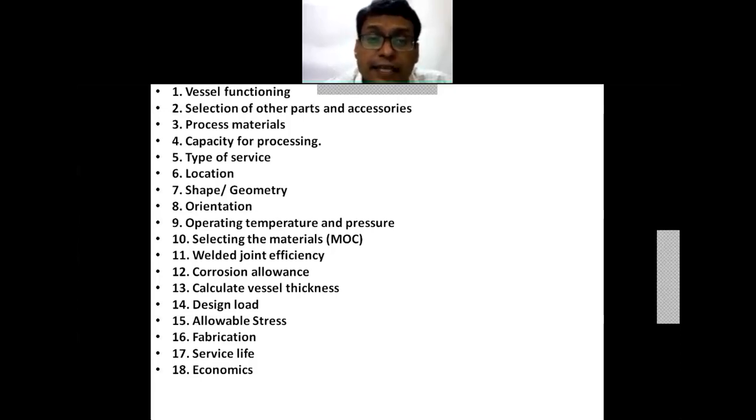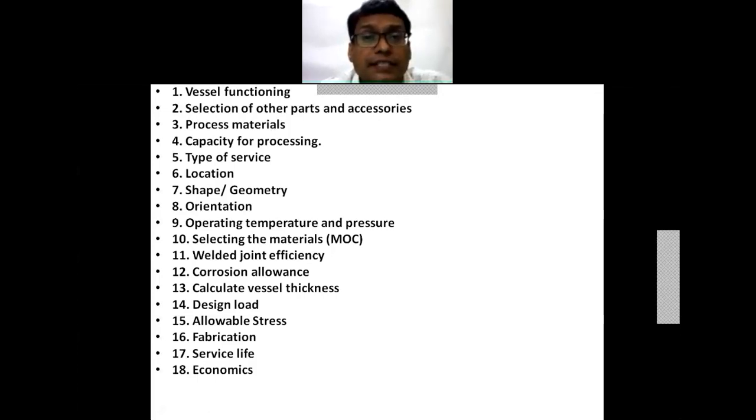You are deciding the material of construction. You are going to decide the stresses based on the material of construction. So all these different parameters are based on the process material, the material which is getting processed.